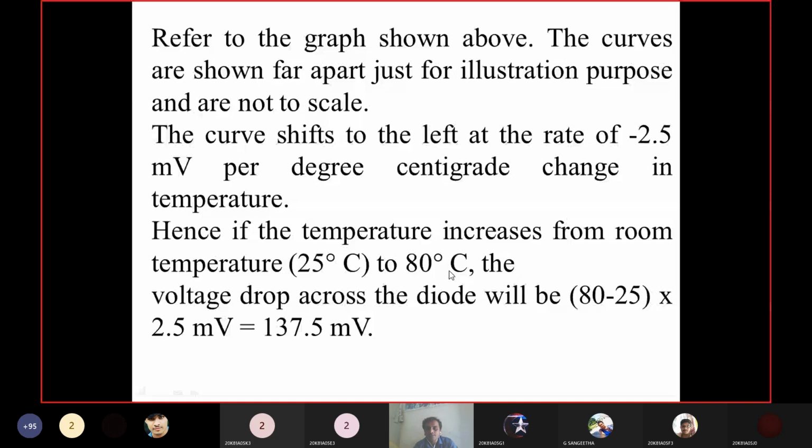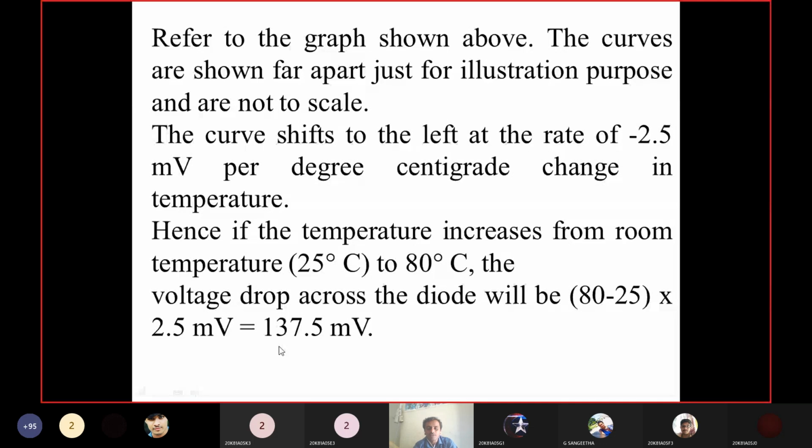How much will the threshold voltage decrease? The change is 80 minus 25, which is 55, into 2.5, since per each degree it is 2.5 millivolts. So how much in total?